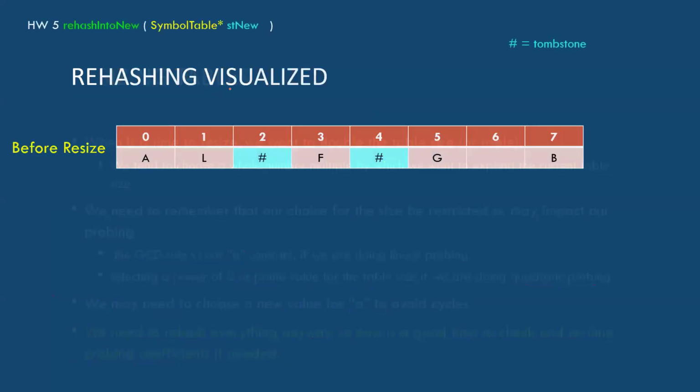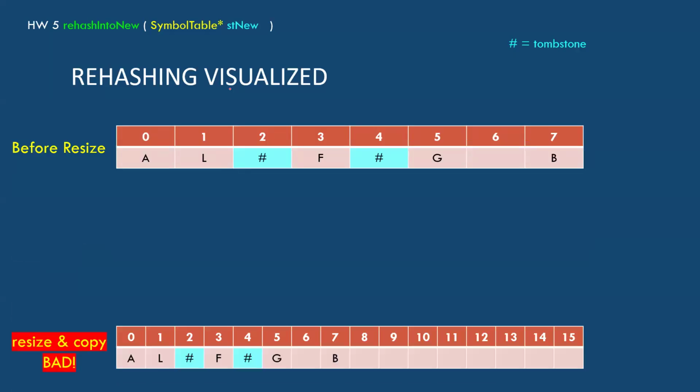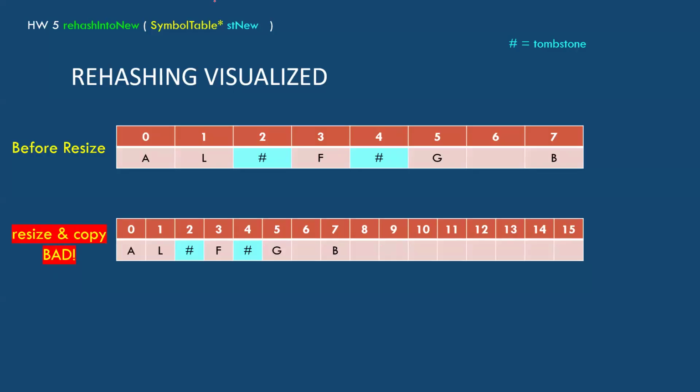So here's a hint or reminder for homework 5. If you were to just copy this stuff over in your rehash into new function, things are not going to work, because you're not going to be able to find things the way that you found them before.